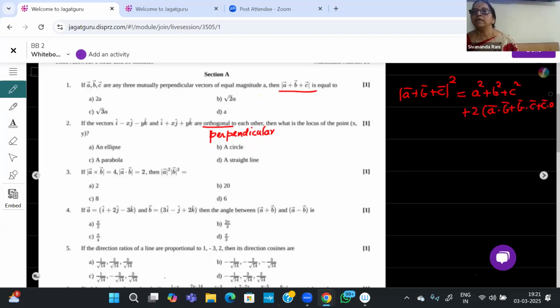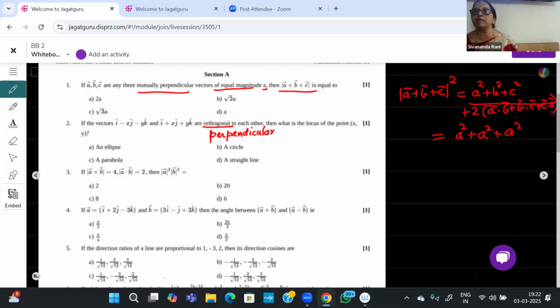Plus the dot product of everything, but they are mutually perpendicular. So what will happen? All these will vanish. So it will be simply a square plus b square plus c square, but they are what? Equal magnitude a. So everything is of magnitude a. So a square plus a square plus a square. Understood?